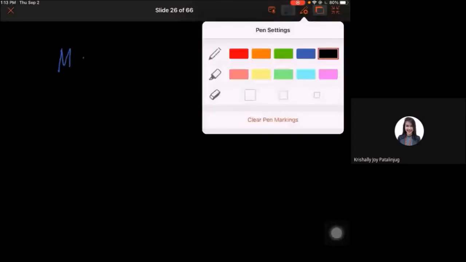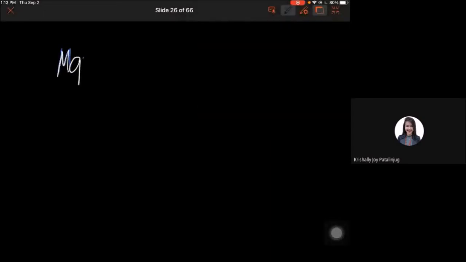Halimbawa, magnesium naman. Magnesium, what is the charge of magnesium cation? It is 2 plus. Okay, very good. 2 plus. Now, if you can check on your periodic table, diba, the atomic number niya is 12. Siya yung kasunod ng sodium.